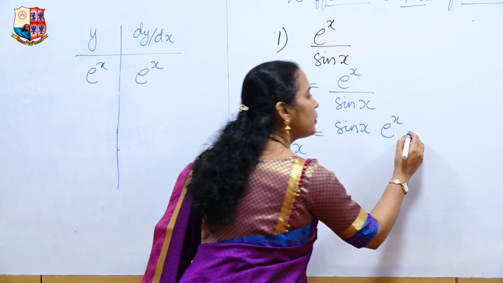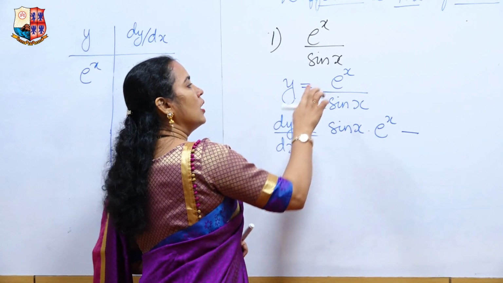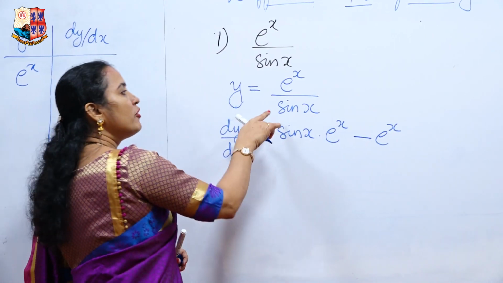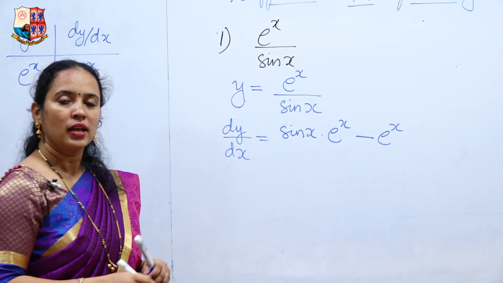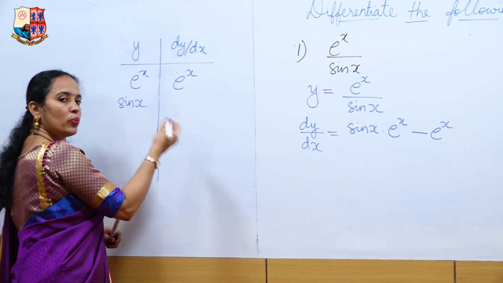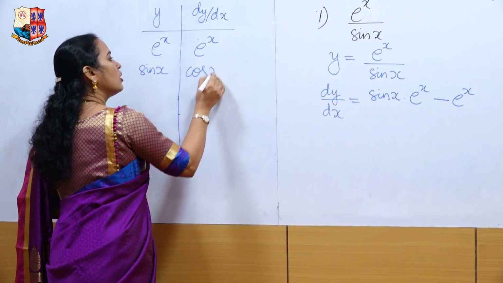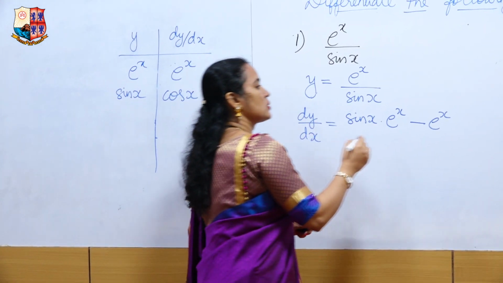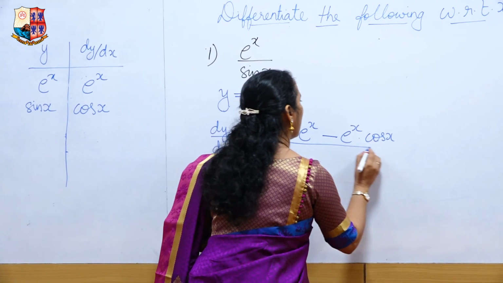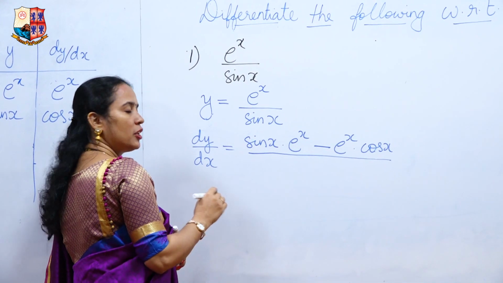Quotient rule, in between minus. Now keep the numerator as it is. Differentiate the denominator. Sin x, when you differentiate, by now you will be thorough with all these functions. You will get cos x. So sin x differentiate cos x upon square of the denominator.